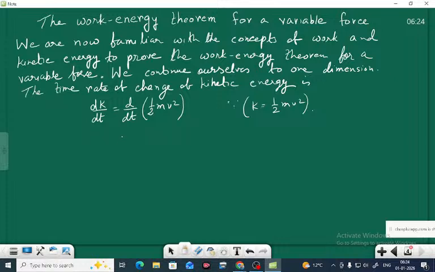Now, if we differentiate this, since m is a constant, we can take it outside, right?